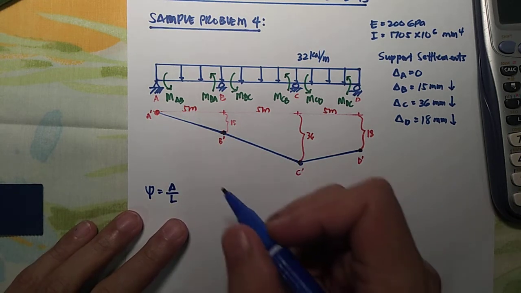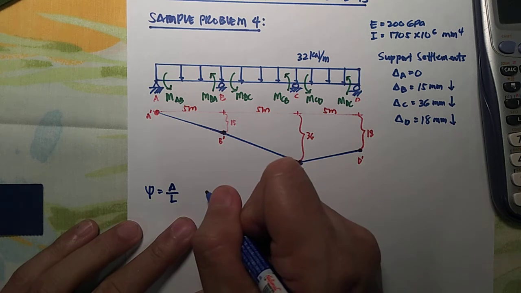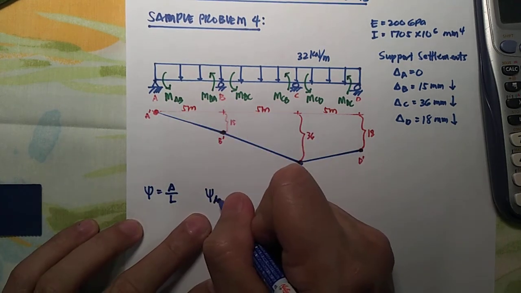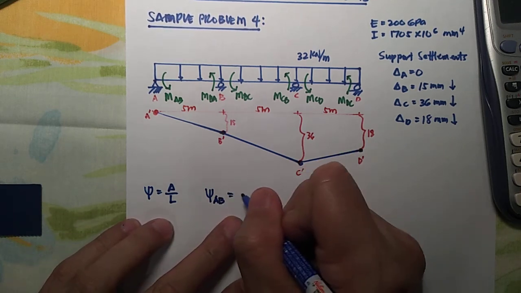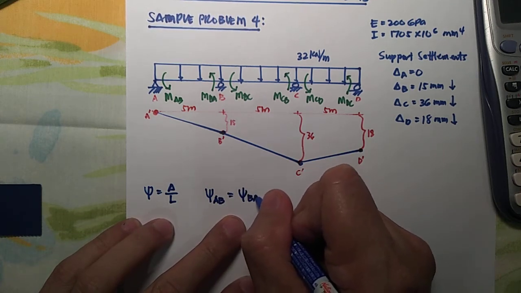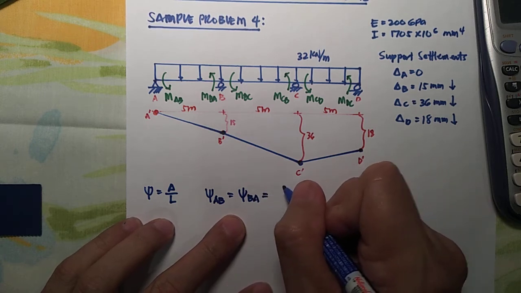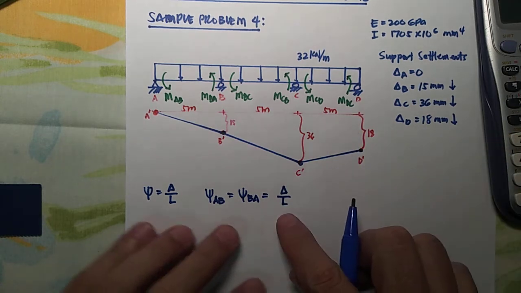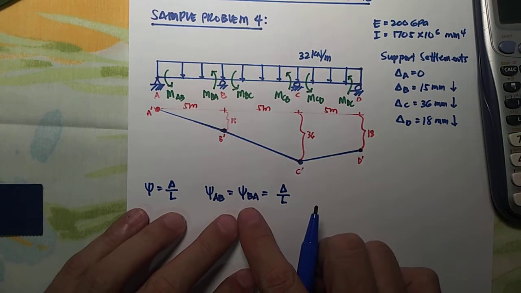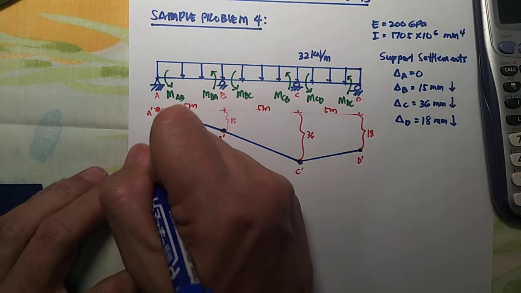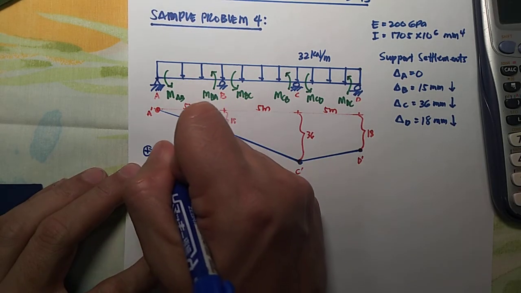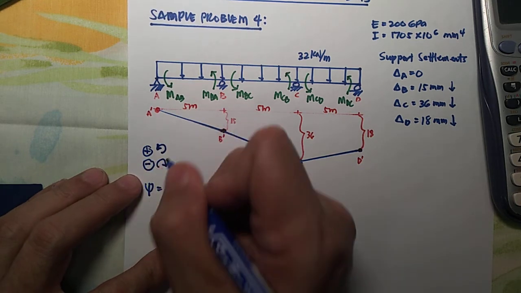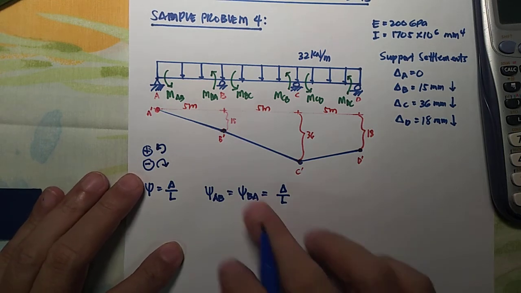So let's say, what is the psi for AB? Actually, the psi for AB is equal to the psi of BA, and that is equal to delta over L. Okay, so may sign convention ang psi. Ang sign convention ng psi is positive siya pagka counterclockwise yung rotation, negative naman siya pagka clockwise yung rotation due to settlement.